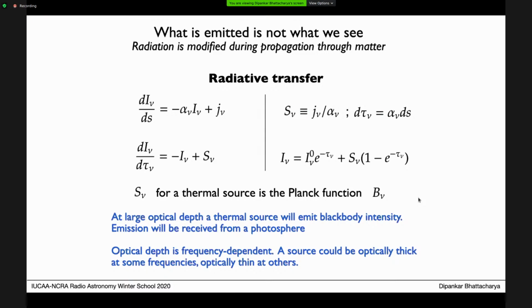Okay, so what we have introduced so far is the specific intensity, which is energy crossing per unit area, per unit time, per unit frequency range, per unit solid angle.